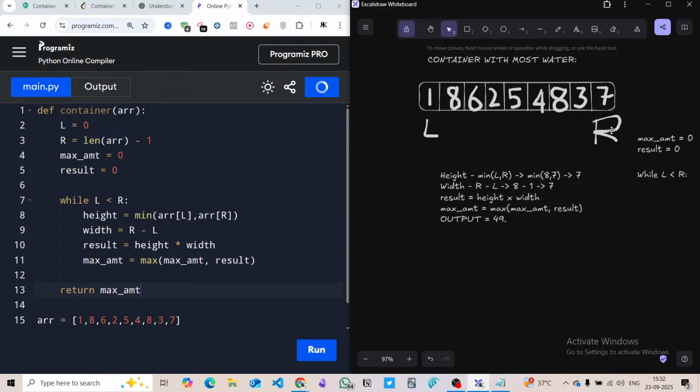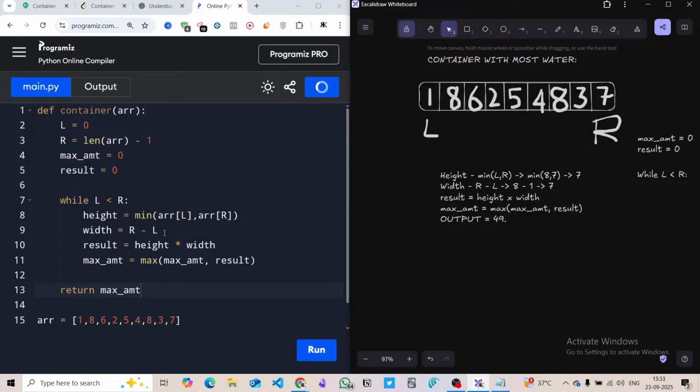While L less than R, so 0 is 8, 8, so L less than R. So height is the minimum of 1 comma 7. So 1 is the lowest one, so we store 1. Width is R minus L.